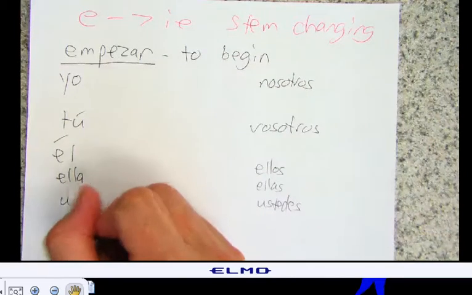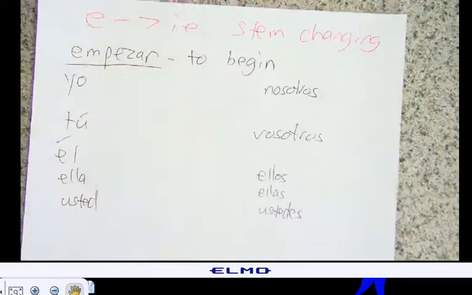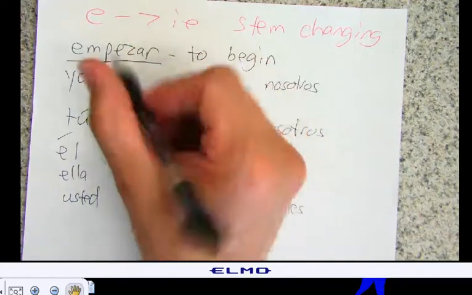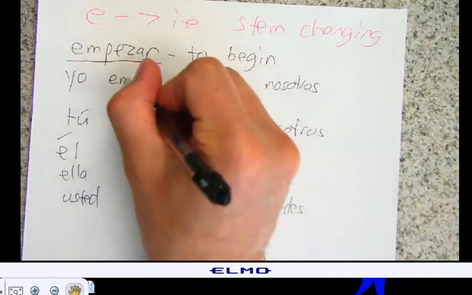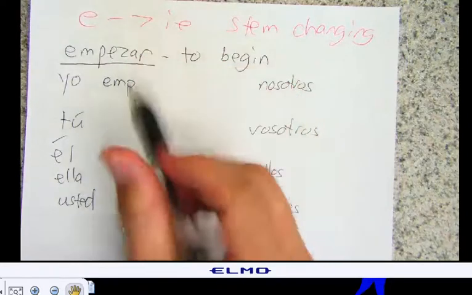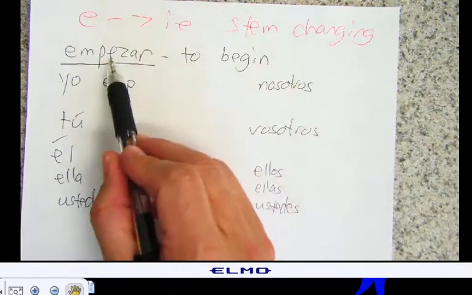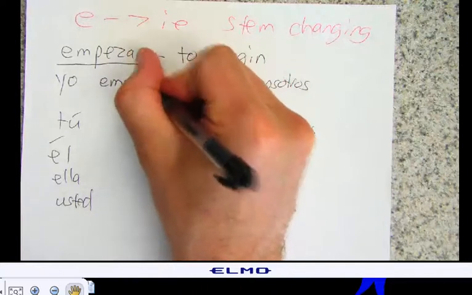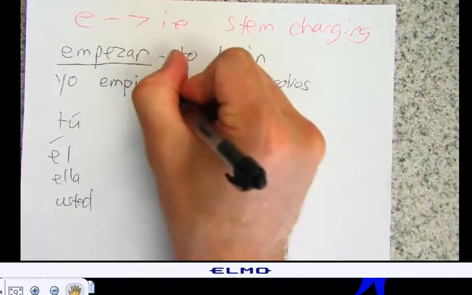Sorry. Usted. Okay. The stem change is this. First, we do EMP, Z. This E right here, I want to change the E to IE. And then keep the Z.